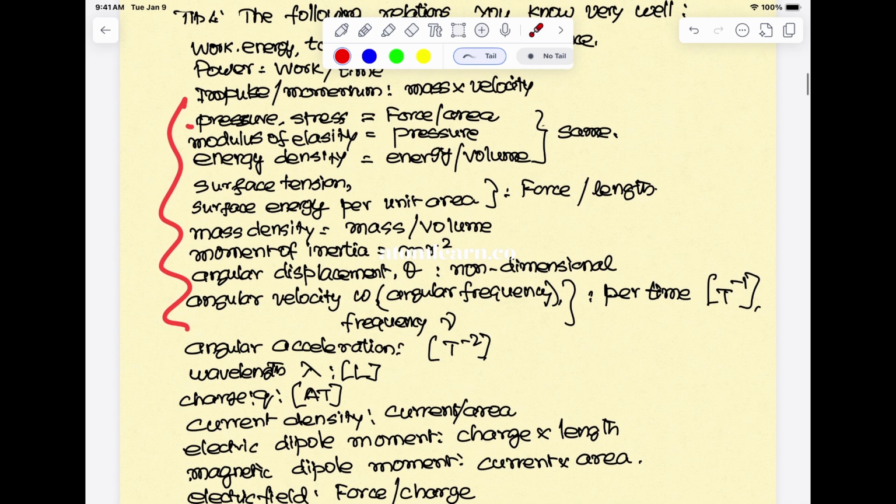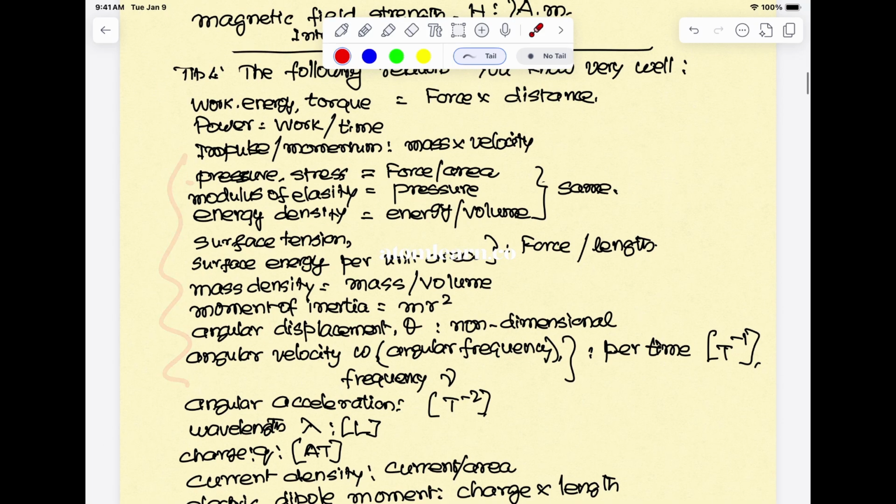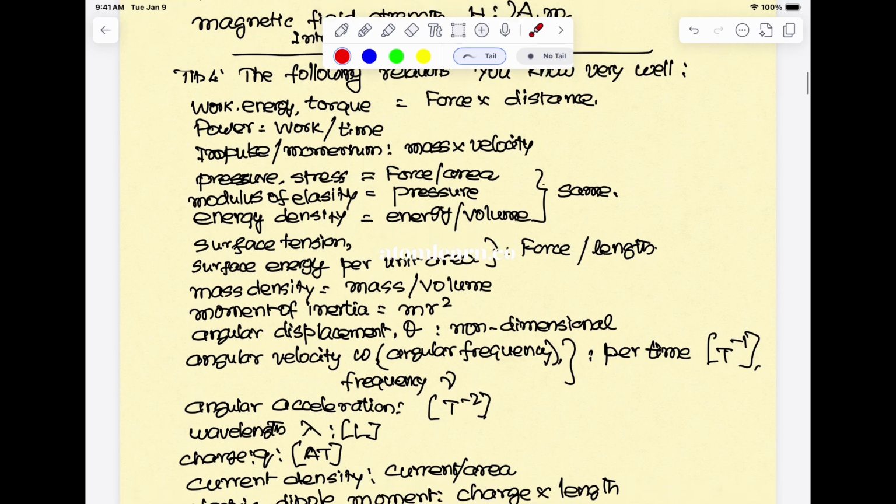Now all these quantities, you can go through this. By the way, there is a PDF file for this particular write-up already on our website, Atom Learn. Therefore anytime I want you to go through it and revise.